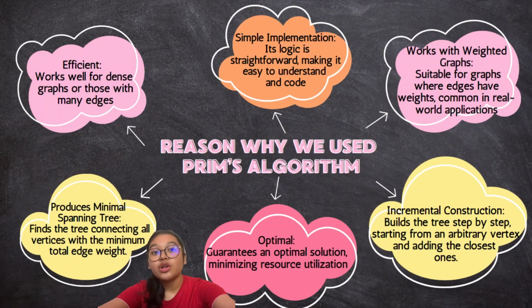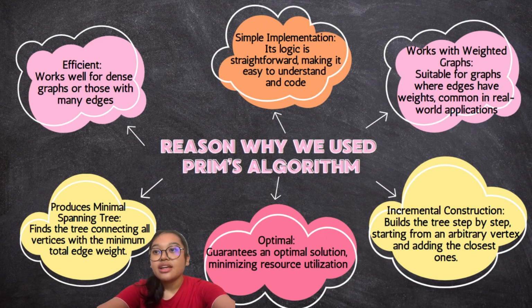Next, I will continue to talk about the reasons why we use Prim's algorithm. It has 6 reasons. First is simple implementation, making the code easy to understand. Next, it works with weighted graphs and is suitable for such graphs.